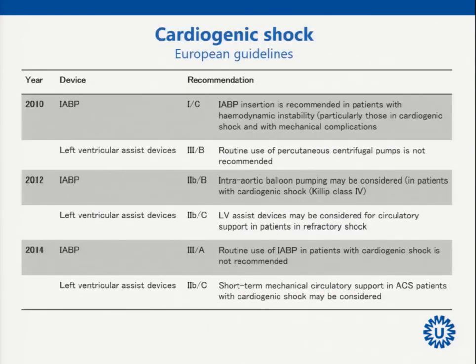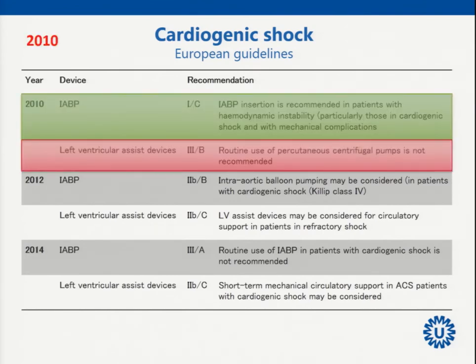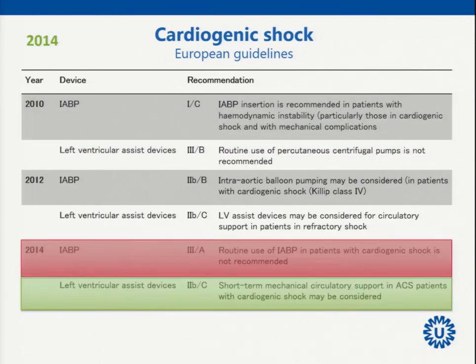That was the reason that the European guidelines, but also the American guidelines for cardiogenic shock and mechanical support, have been downgraded from 1C and 3B for all temporary left ventricular assist devices to 3A for the balloon pump for cardiogenic shock and myocardial infarction. But still we stick with a 2BC for all other devices.